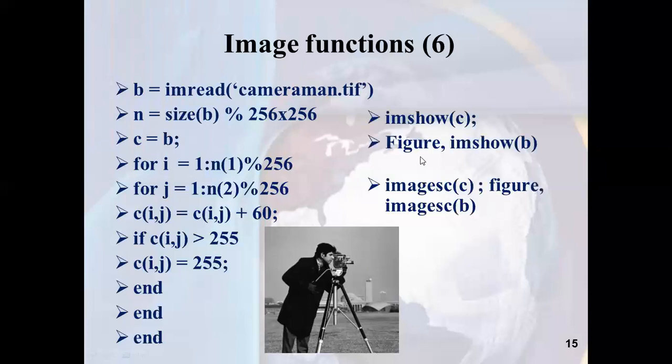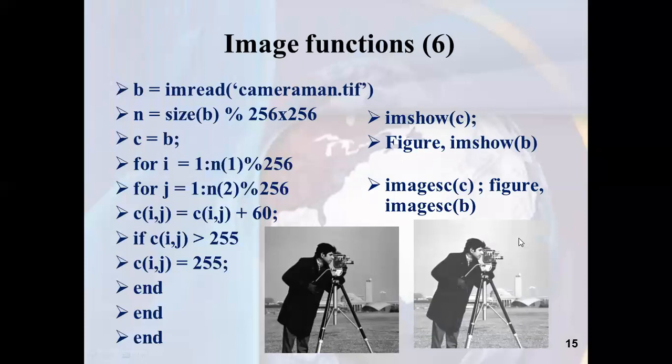And this is the image shown for the images C and B after changing. And we see that in this image, the colors are lighter because we add 60 to each color. This is black, this is dark. These are gray, it becomes more white.